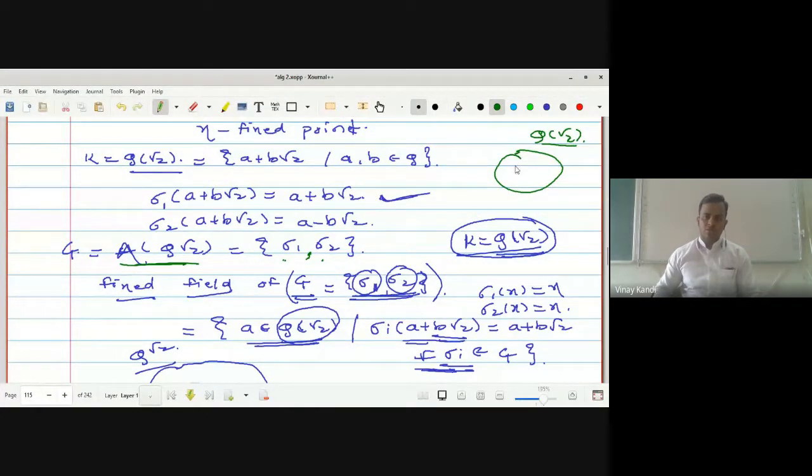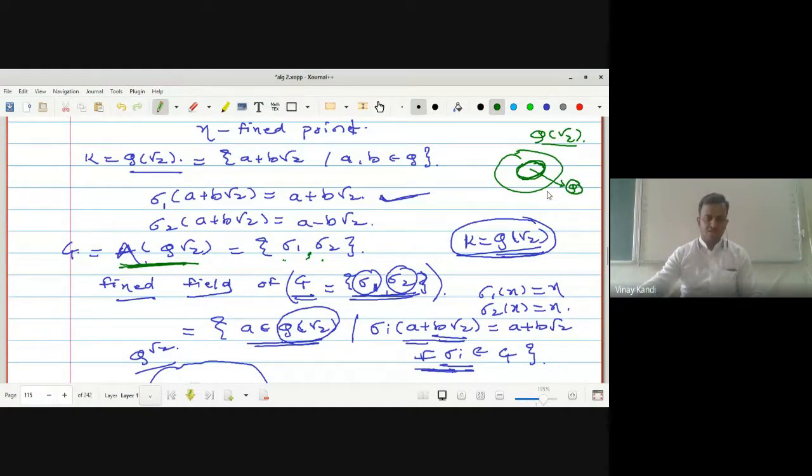This is the subfield of Q(root 2) such that sigma 1 of a and sigma 2 of a are equal to a. This is the definition of fixed field. If you change this G, your fixed field will also change.